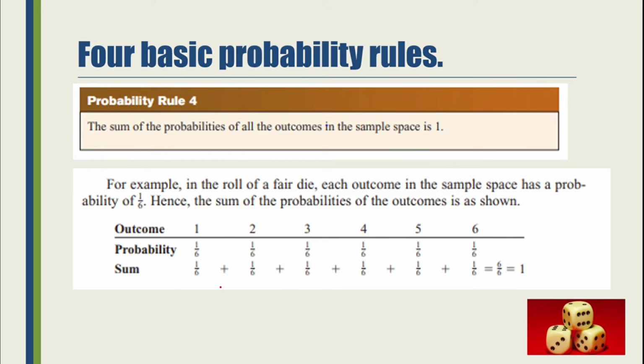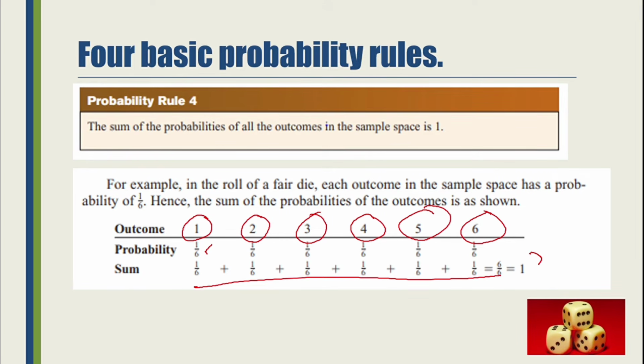If we add 1/6 plus 1/6 and so on, because according to classical probability they are equally likely to have the same probability, each number is 1/6, so when you add them, the total is always 1. Okay, so there are four basic probability rules.